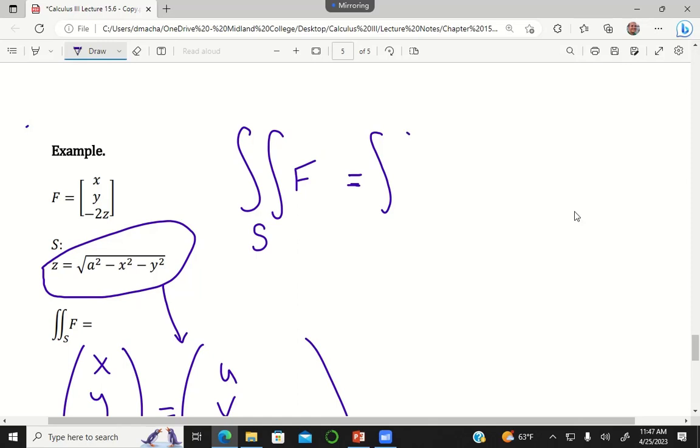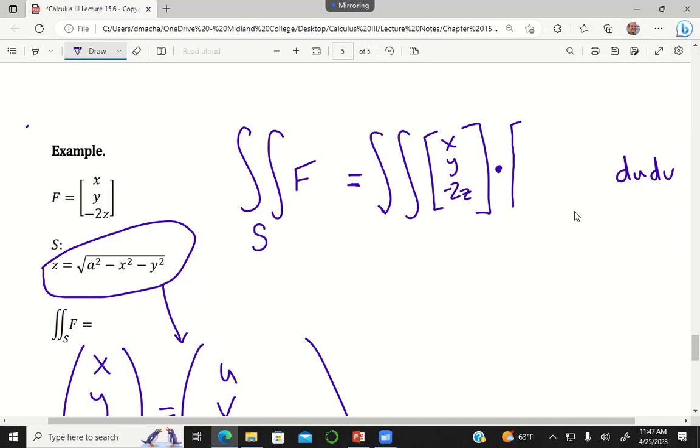This is a double integral over my parameters u and v of my vector field, which is x, y, negative 2z, dot product with the vector that is a cross product between r_u and r_v.